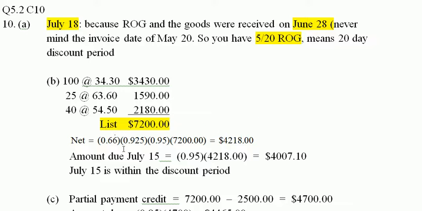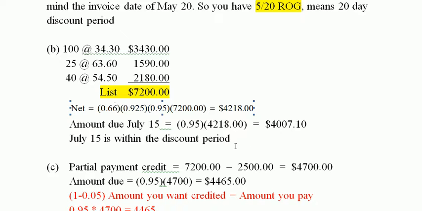Then we have a series of discounts. I've rounded them up slightly. If we multiply the list price with all those different series discounts, we find eventually that the net price is 4218.